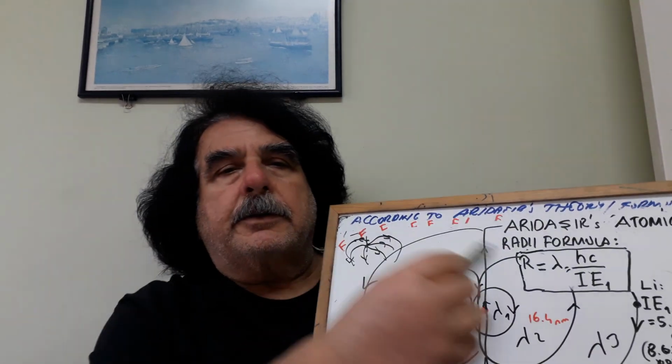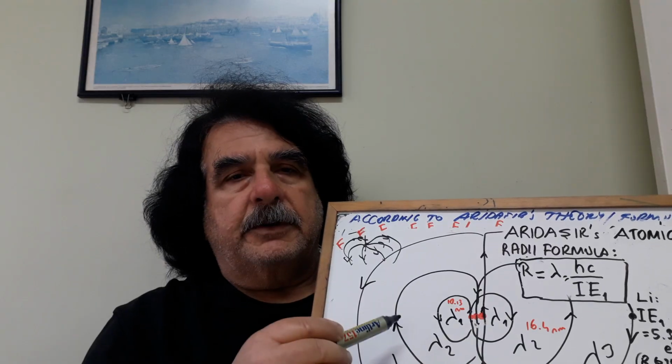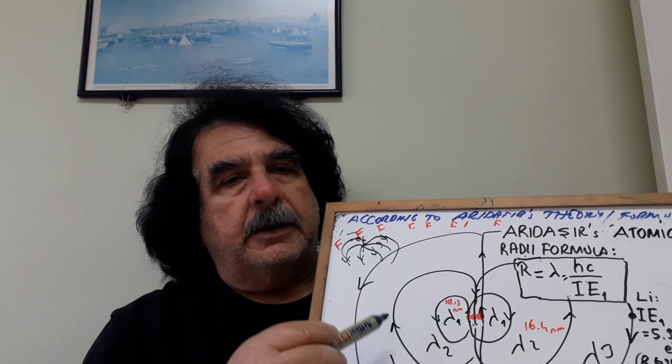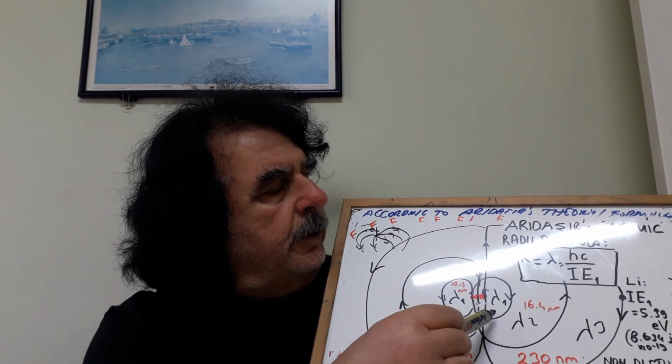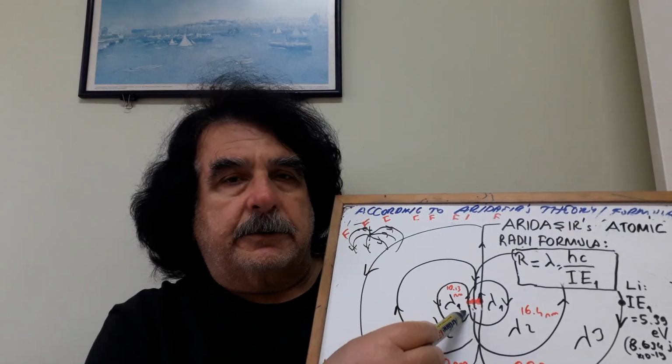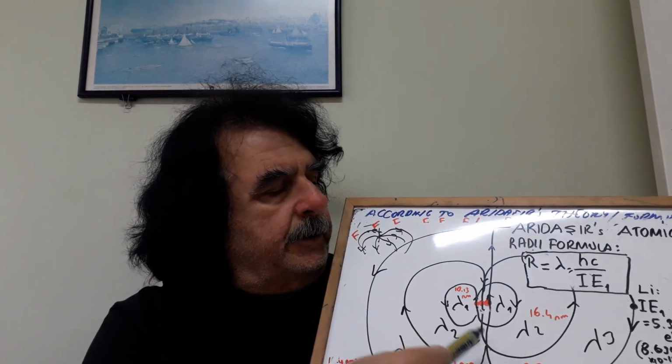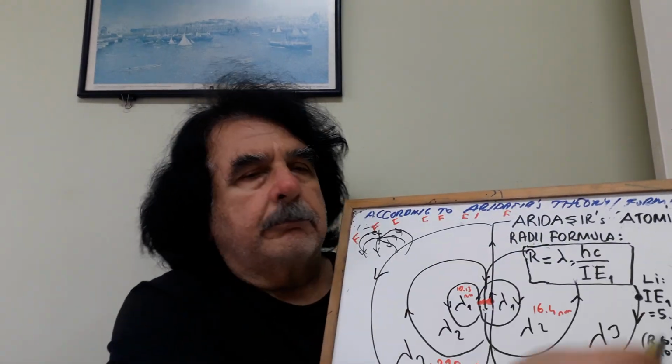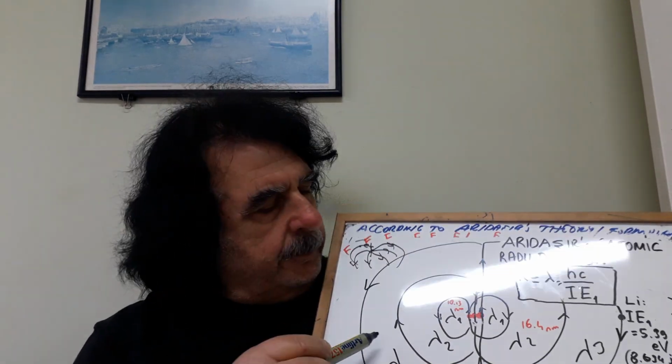Here's a lithium atom. That's my model for atoms. This is the smallest wavelength electron, a larger one, and the largest electron.